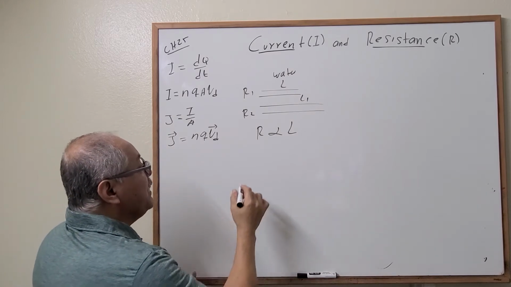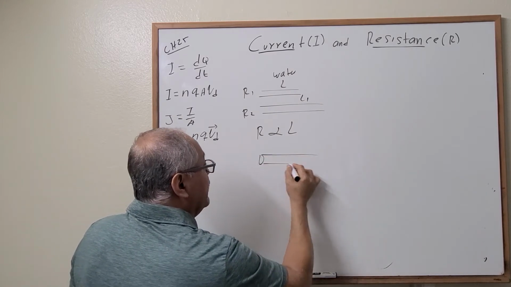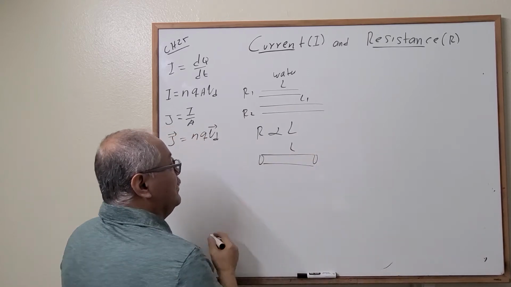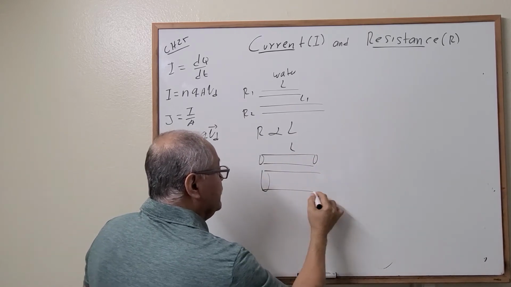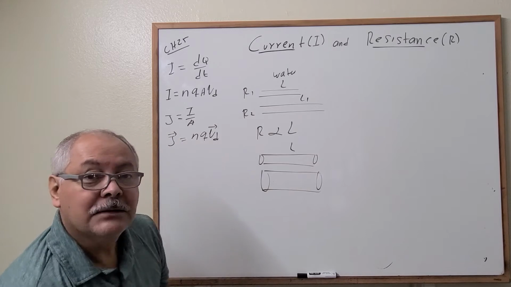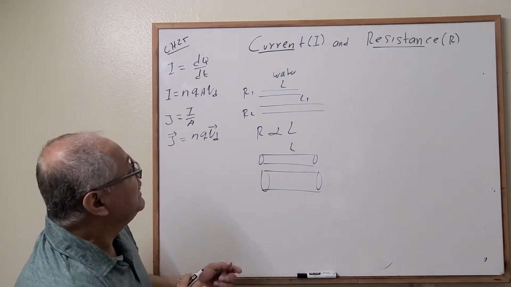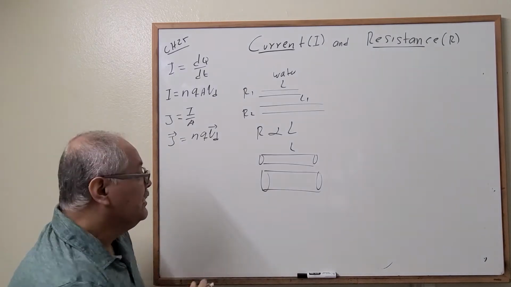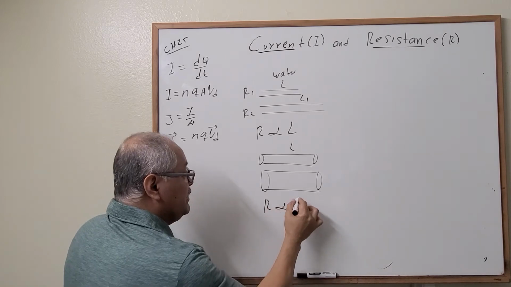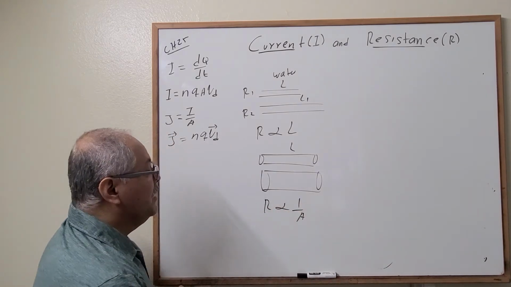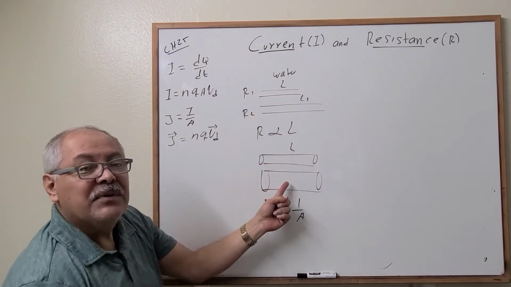Also, if we take into account the diameter, if we increase the cross-sectional area, it's found that the resistance decreases. So the resistance is inversely proportional to the area. The same thing happens to current.